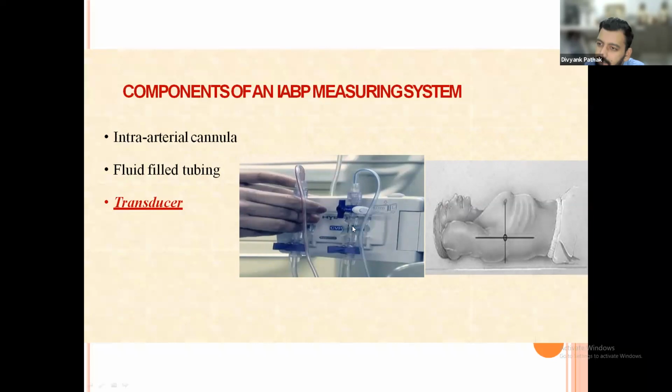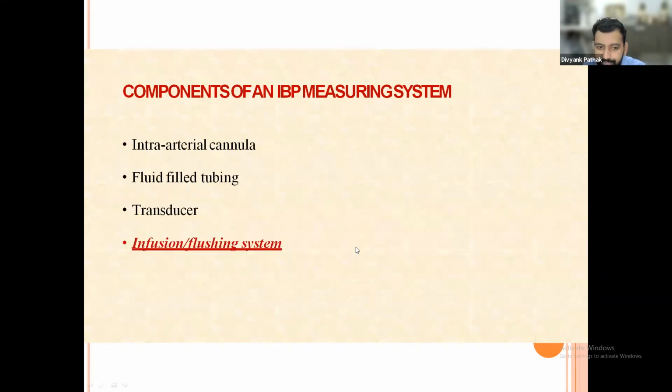There is a diaphragm here, which catches the pulse traveling through the saline, which is converted into electrical activity by Fourier analysis and transmitted to these monitors. So there are a 3-way and a transducer.